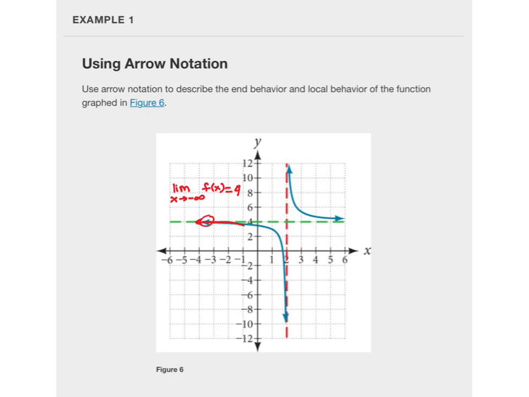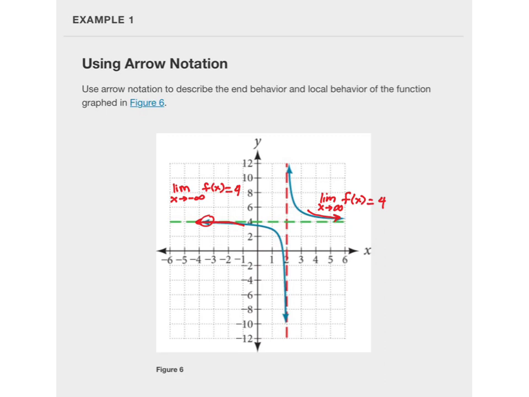Good? Okay, now let's do the right side. This is going to be the limit as x goes to what? Positive infinity, of f of x is 4.